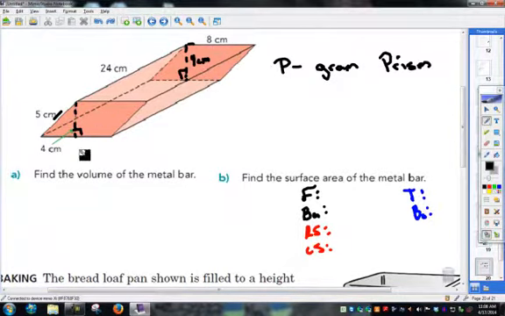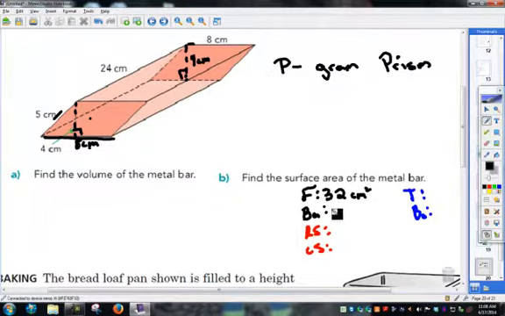So that's why I'm able to know, since it's a prism and these are being stretched, that this length is 8 centimeters. So to find the area here, I'm going to do 4 times 8 because that's the area of that parallelogram. That's going to be 32 centimeters squared. The back would be the same, 32 centimeters squared.